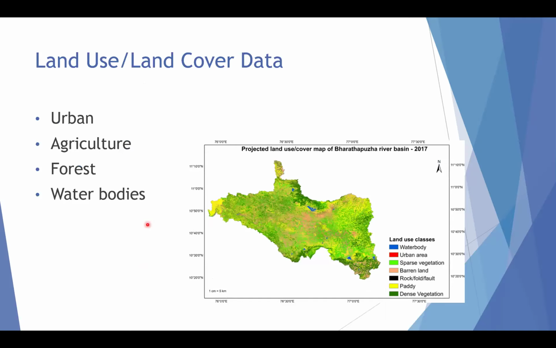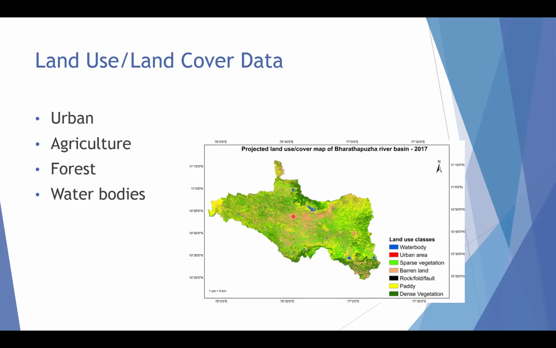Then the next thing you can get is land use land cover data. For example, this is the Bharatapuzha River Basin, and this is the land use land cover data belonging to the year 2017. Why do we require this data? Because, as already mentioned, your hydrology is highly dependent on land use land cover.